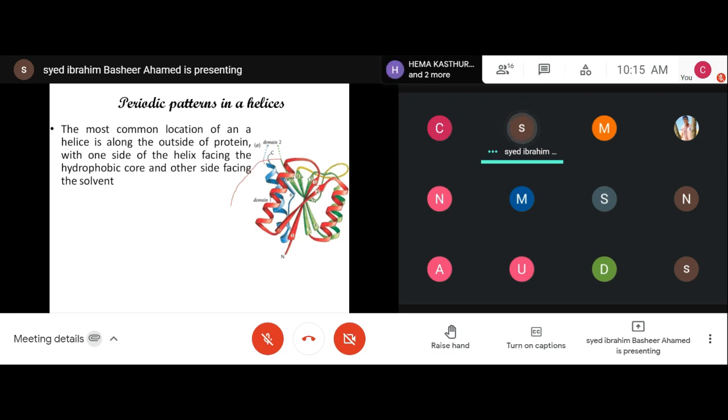You can see here on the surface you will see the helix most of the time, whereas inside you will see the beta sheet. In this case you will see the hydrophilic amino acids facing towards the surface, whereas hydrophobic amino acids will be facing towards the core of the protein. Similarly, here also.